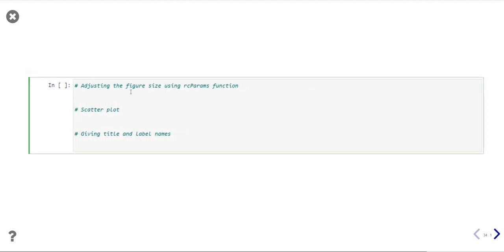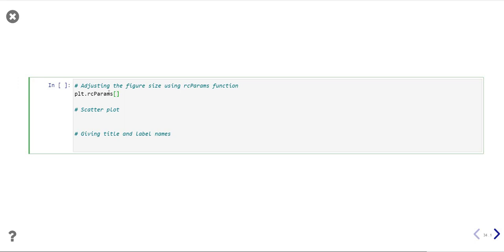There's one thing that you can use to adjust the figure size. That is by using this function which is known as RC params. It falls under the matplotlib functions.